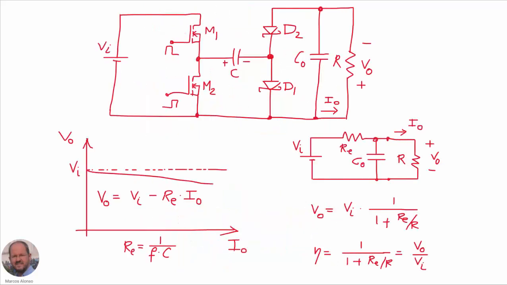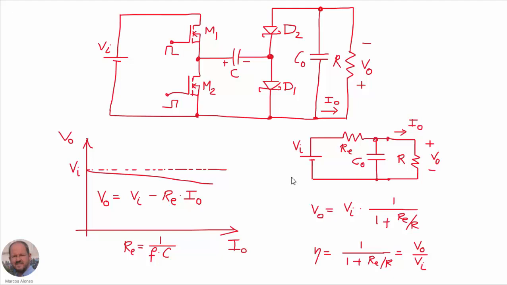We have analyzed these converters in previous videos using this configuration here, the unidirectional configuration implemented with MOSFETs, 2 MOSFETs and 2 diodes. And then we obtain this characteristic: the output voltage versus the output current is going to behave like this straight line here, which is given by this expression. We have seen this before, so I am not going to enter into more detail.